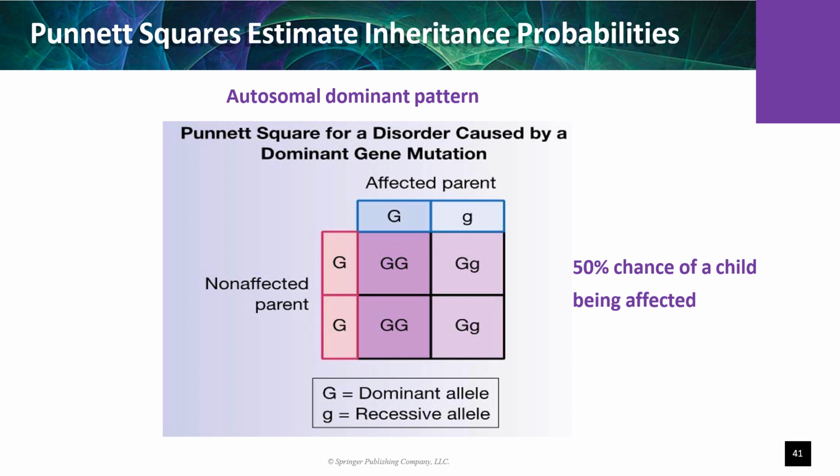The affected parent has the genotype large G small g for the disease gene, and the non-affected parent has the genotype large G large G. If the affected parent donates the disease allele, the small g, then the child has the gene and the disorder.